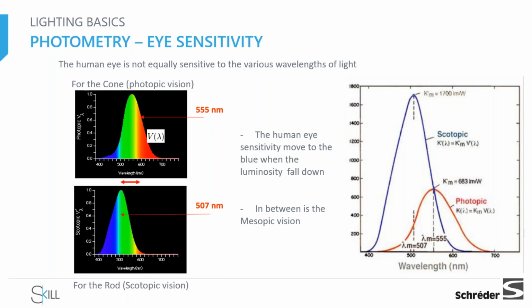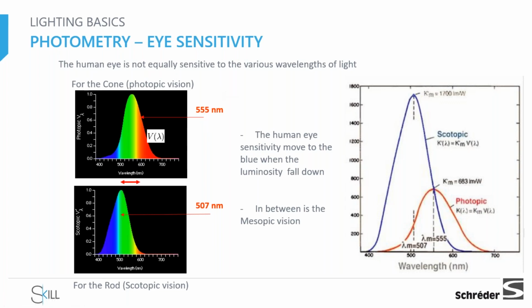We mentioned earlier that the human eye sensitivity is not the same for all colors. And this is very clear in the graph on the left-hand side. We can see that the cones, which are the sensors responsible for day vision, for the photopic vision, are sensitive to 555 nanometers.